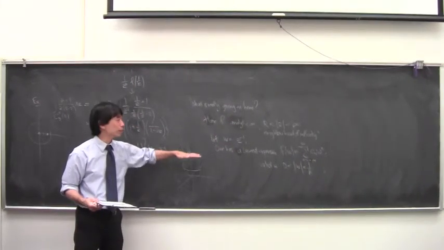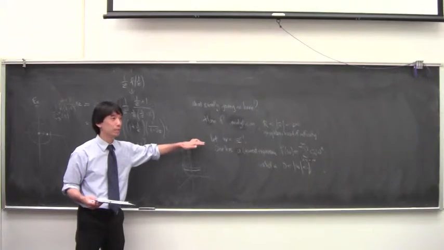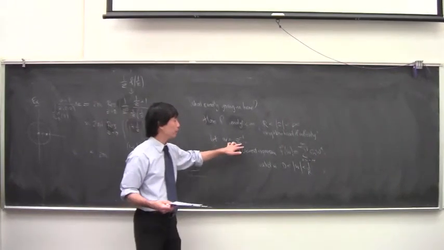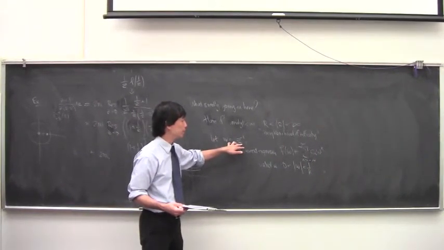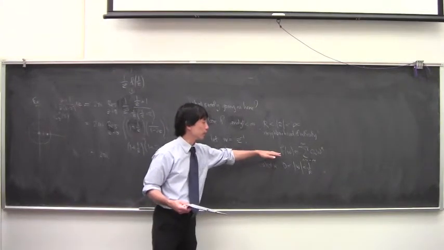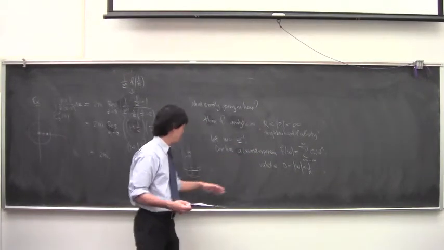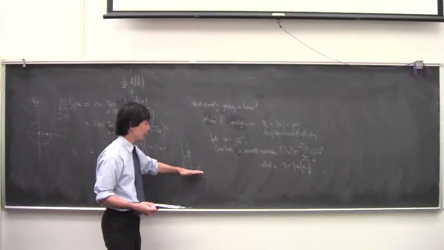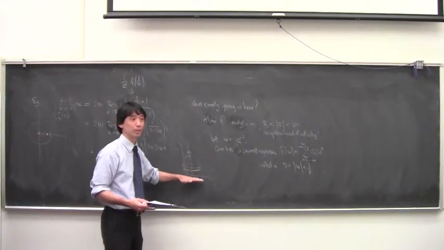So you do a change of variable. I'm going to think of this as having a Laurent expansion around 0 in the reciprocal neighborhood, right?